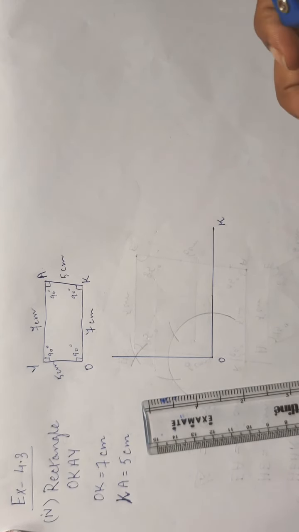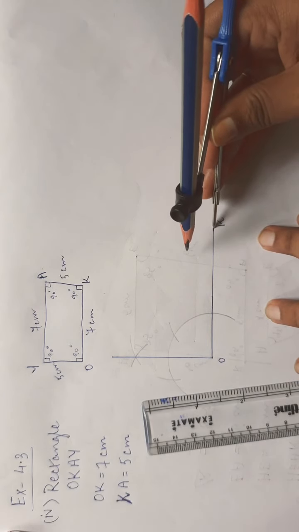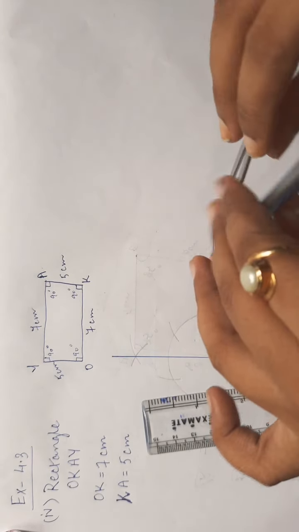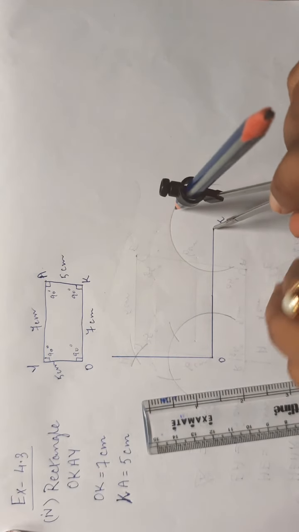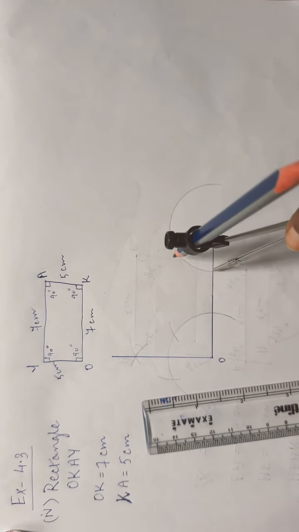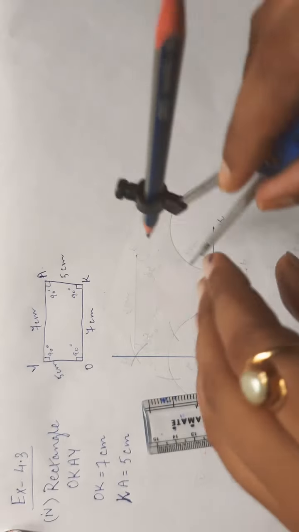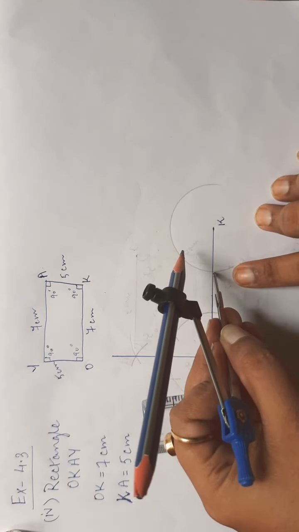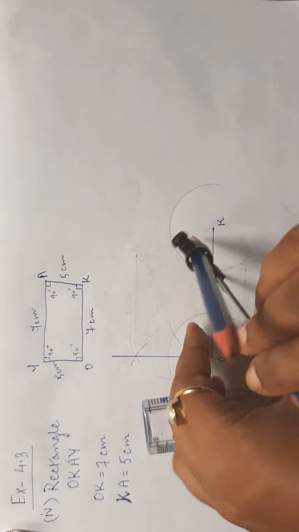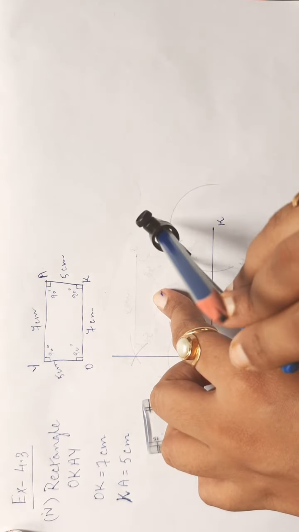Now we will draw this side's 90-degree. Don't change the radius. Since the angle will be this way, we will draw in this way. So here goes the 60 degree.